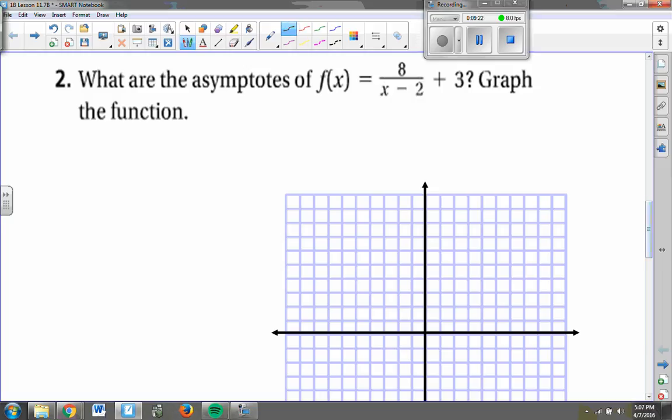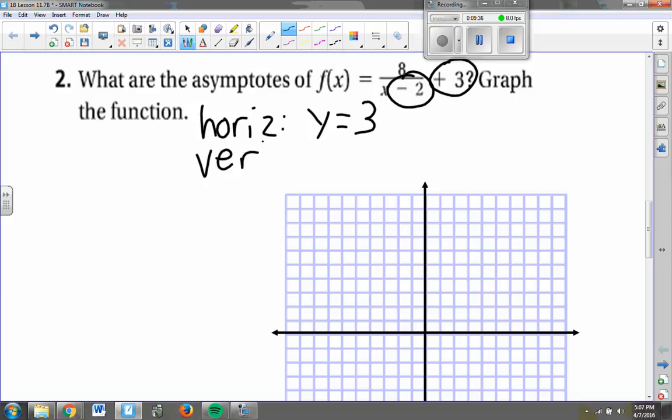The first thing I will do is identify my asymptotes. This plus 3 here tells me that the horizontal asymptote is going to be at y equals 3. This minus 2 here tells me that the vertical asymptote is going to be at x equals positive 2 because I moved it right because I minused with the x.